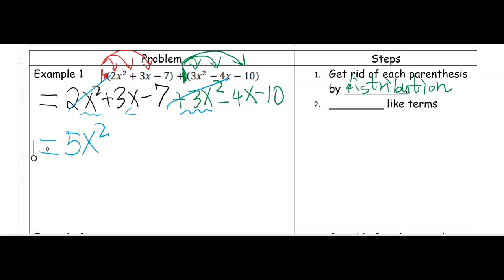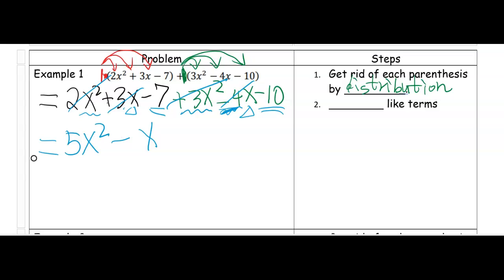It is x, and we have a single x at the back. So combine them by adding up the numbers in the front. It's 3 plus -4. Don't forget the sign. 3 plus -4 gives you -1x. You don't have to write the imaginary 1 there, right? After combining them, they're gone. And keep looking. Next one is a single number, and we have a single number at the back. So you're going to combine them by adding up the numbers.